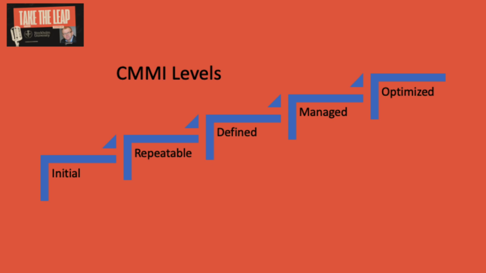At level 2, things start to stabilize. This level is called the managed stage. Here, your organization has basic processes in place. You have some form of project management system. Maybe you're tracking budgets, timelines, and performance. But these processes are mostly reactive.